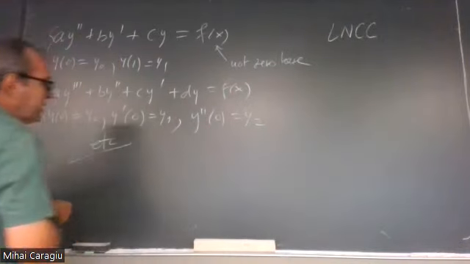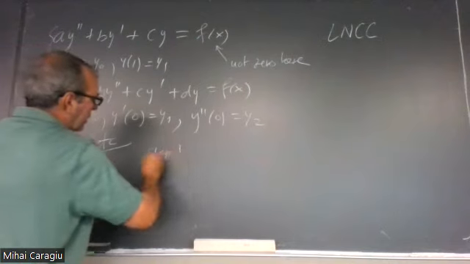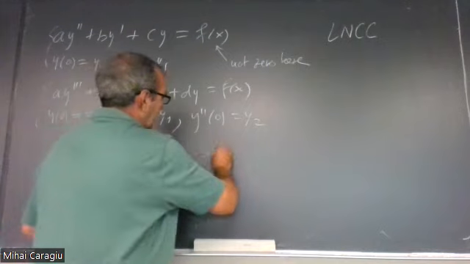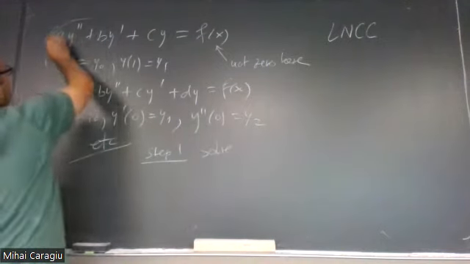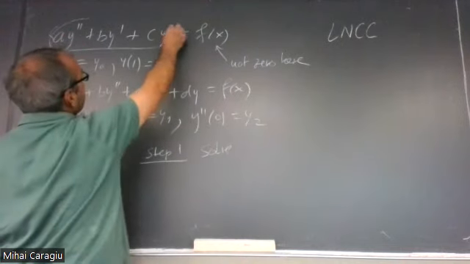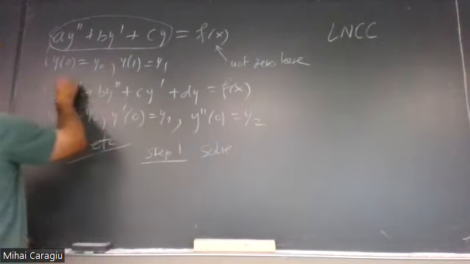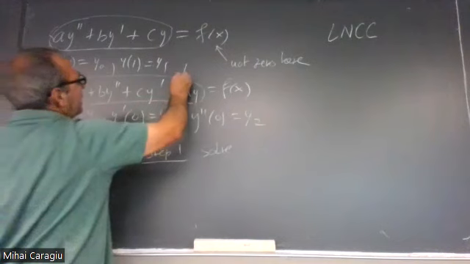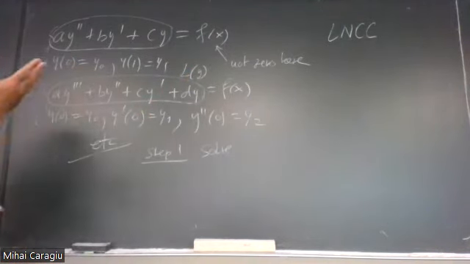So what's the strategy? First of all, step one, solve the homogeneous one. So the left-hand side, let's give it a name as an abbreviation of our notations. The left-hand side, whether second order, third order, or bigger order, is called L of y, L also for linear.